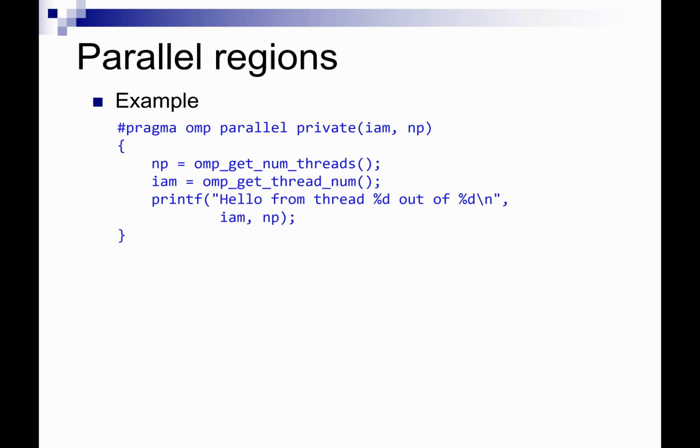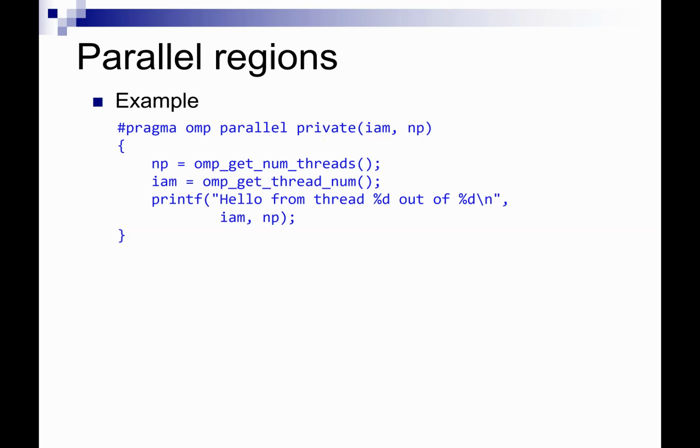This statement about private, we'll talk more about later, but it basically defines which variables are shared or not. Private means that each thread will have its own variables called iam and np, and these variables are not shared between the threads.